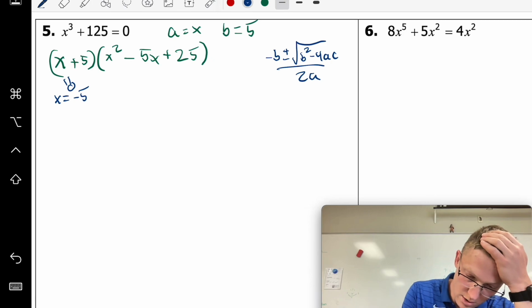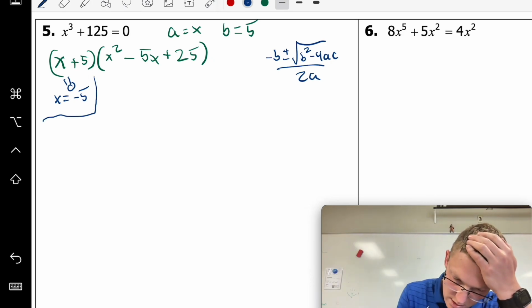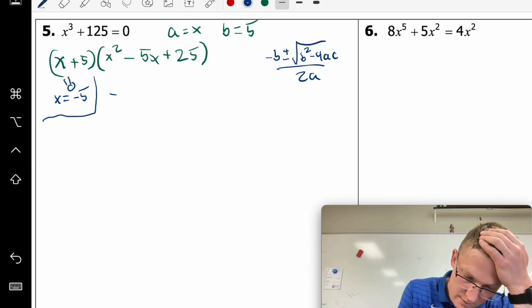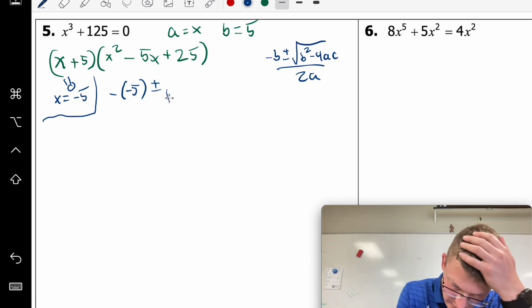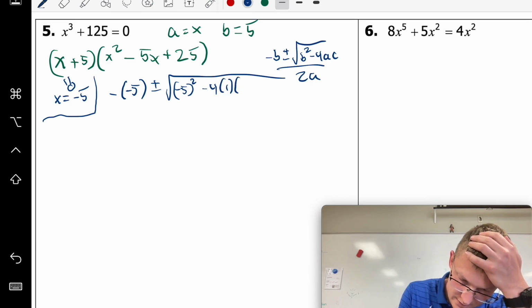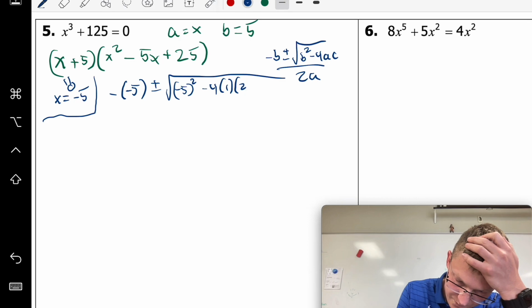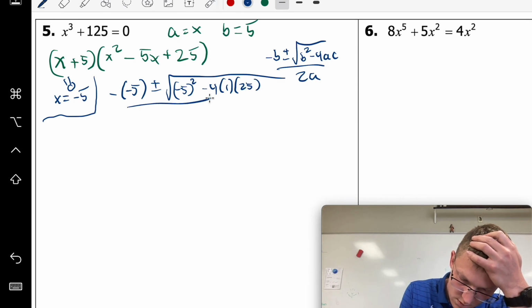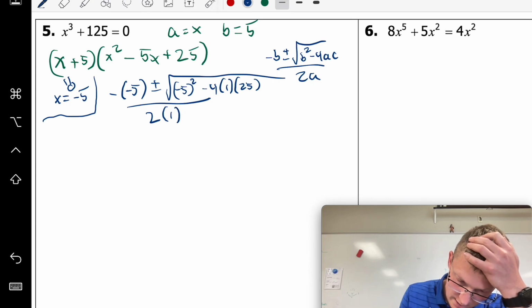So here we go. Negative 5 plus or minus square root of negative 5 squared minus 4 times a times c all over 2a.